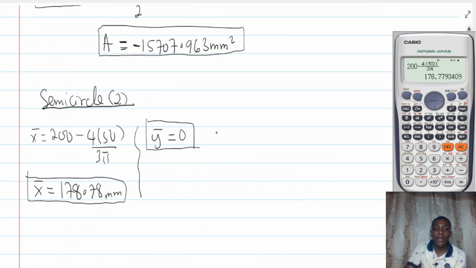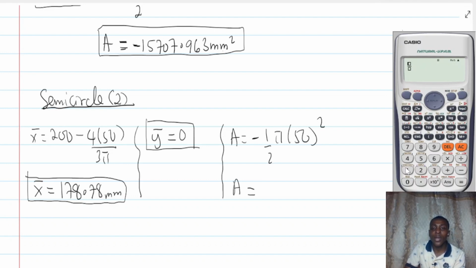So the area again is going to be negative because it is also a hole. It's pi r squared, and the radius is 50, so we are going to get the area as what? The area is going to be 1 half of pi multiplied by 50 squared.